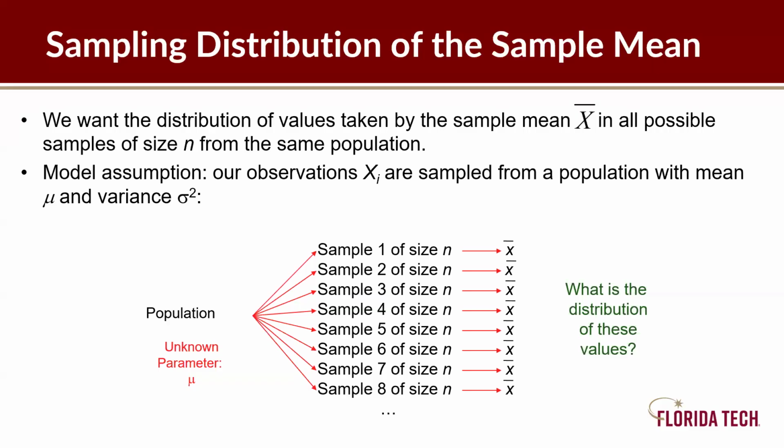Okay, if I take a sample of size n and I calculate the sample mean, I'm going to get a number. If I do another sample, sample 2 of size n, calculate another sample mean, I'm going to get another number, very likely a different x bar. And if I do that over and over again, I'm going to get a bunch of values for the sample mean. Question is, what is the distribution of those values?